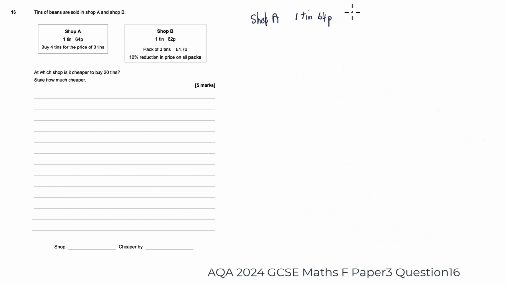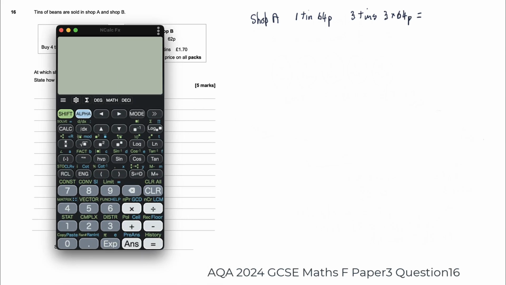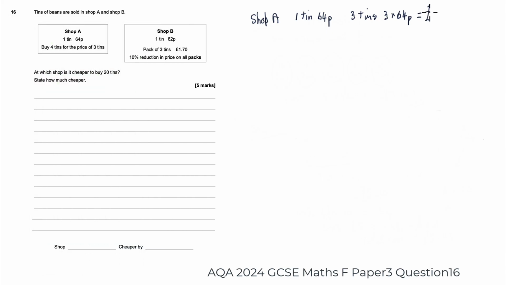Now, 3 tins would cost 3 times 64 pence. 3 times 64, 192. £1.92.